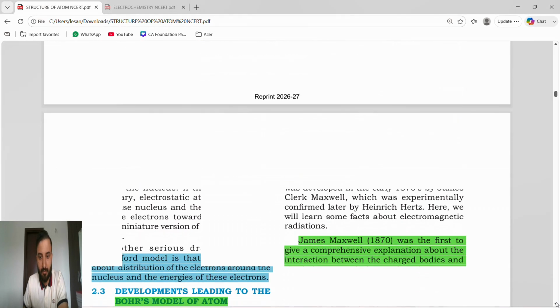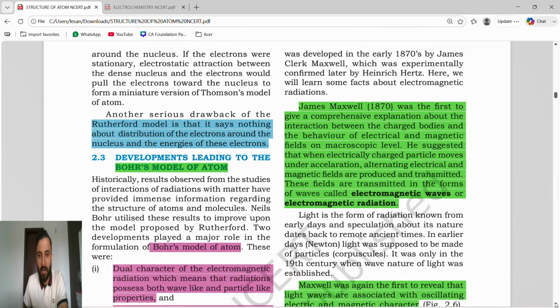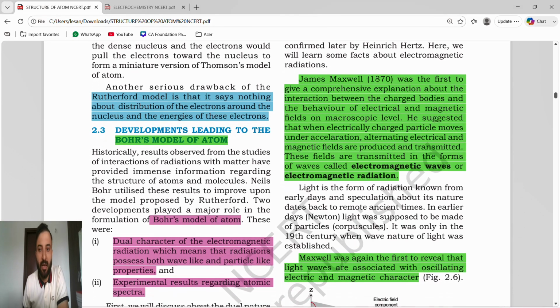So James Maxwell was the first to give a comprehensive explanation about the interaction between charged bodies, where a positive proton or negative electron goes, with the behavior of electrical and magnetic field. Right, we know electrical and magnetic field.